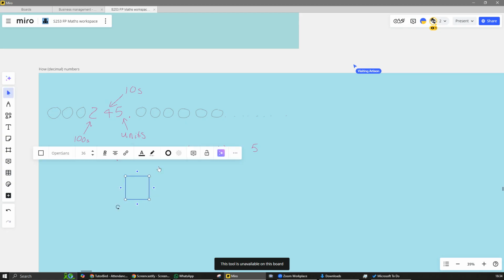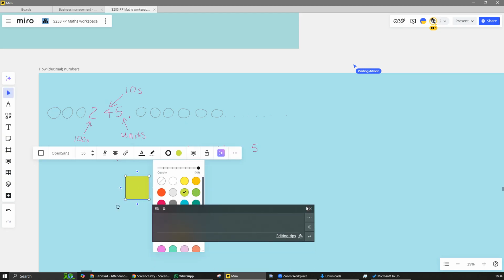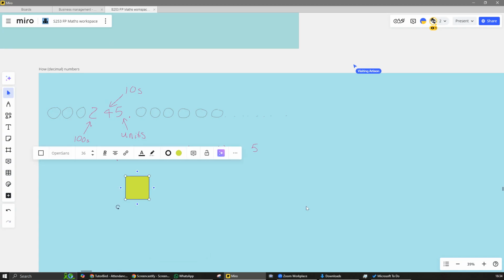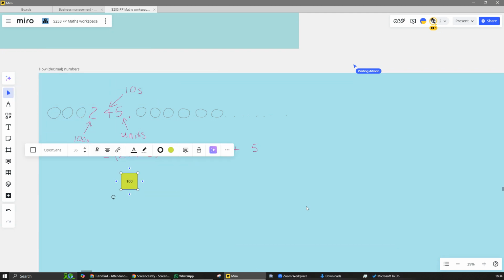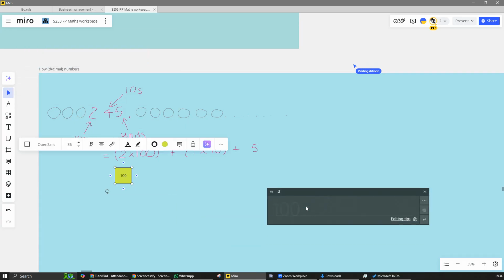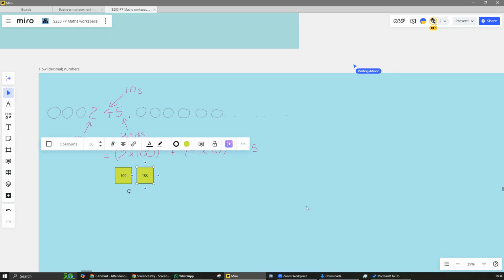I could show this as a kind of a little diagram here. So if each one of those squares is 100, if I had time, what I would do is divide this up into a 10 by 10 square, and then we could clearly see each square is 100. But I'm not going to do that. I'm just going to do it like that.